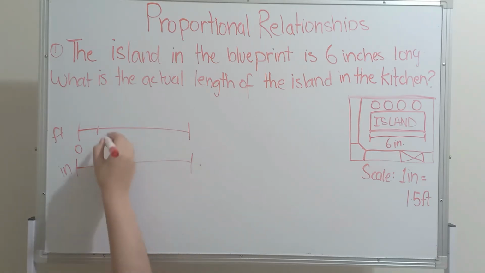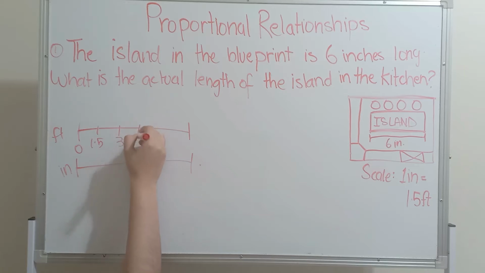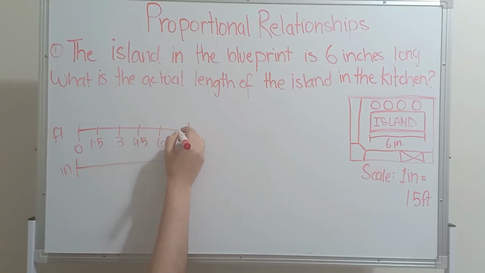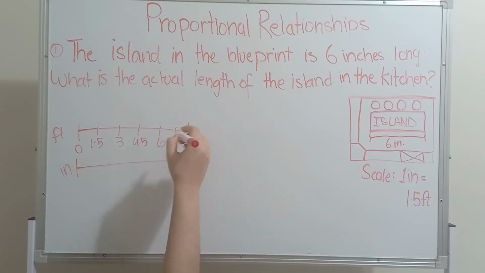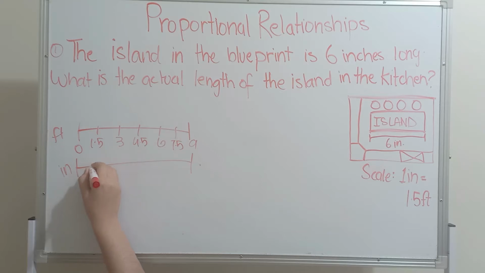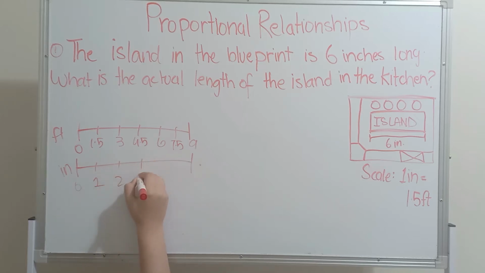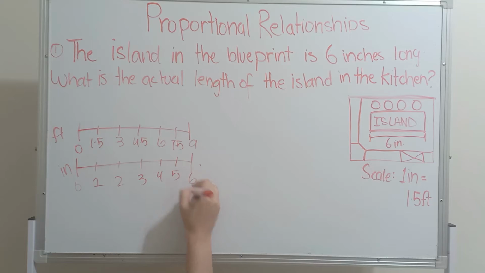The feet line is 1.5, 3, 4.5, 6, 7.5, and 9. The inches line is going to be 0, 1, 2, 3, 4, 5, and 6.